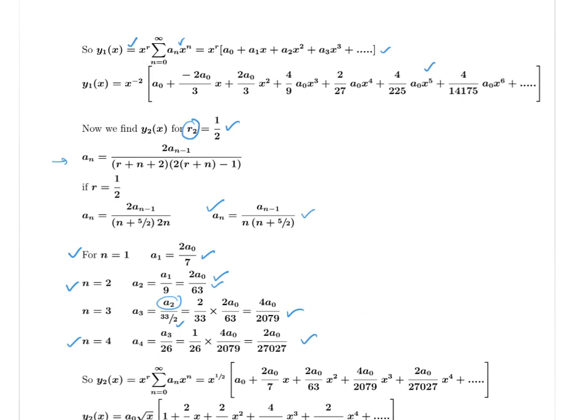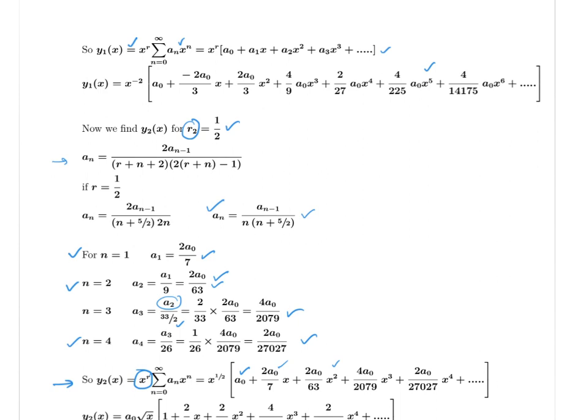Now, you take these values and plug them into the solution. That means the second case. So your y2 of x, this is x to the power 1/2, remember. So x to the power 1/2 times a0 plus a1 x, a2 x squared.